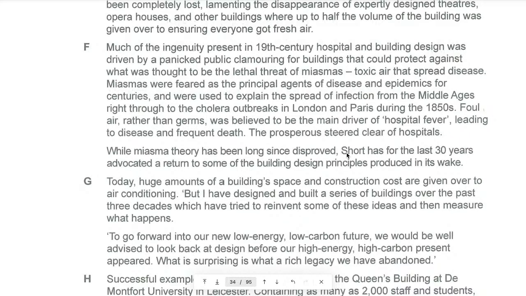Leading to disease and frequent death. What is that? Because if you just read leading to disease and frequent death, it's not clear. That's not a reason. What is causing that, or what was causing that?